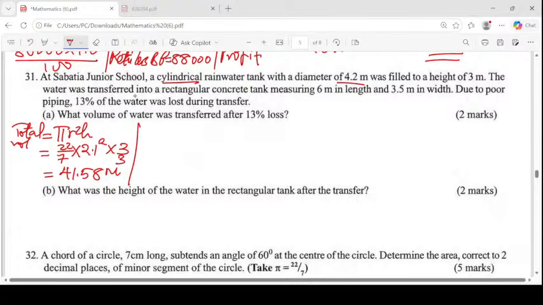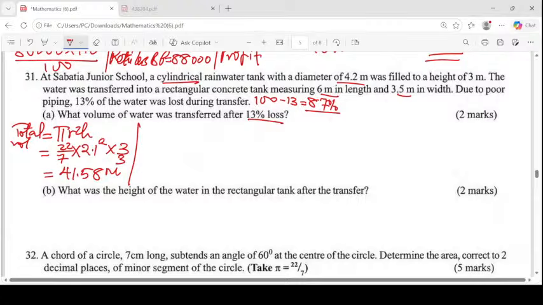It was transferred into a rectangular concrete tank. Due to poor piping, 13% of the water was lost during the transfer. What volume of water was transferred? If 13% was lost, from 100 when you less 13, it means 87% was transferred.